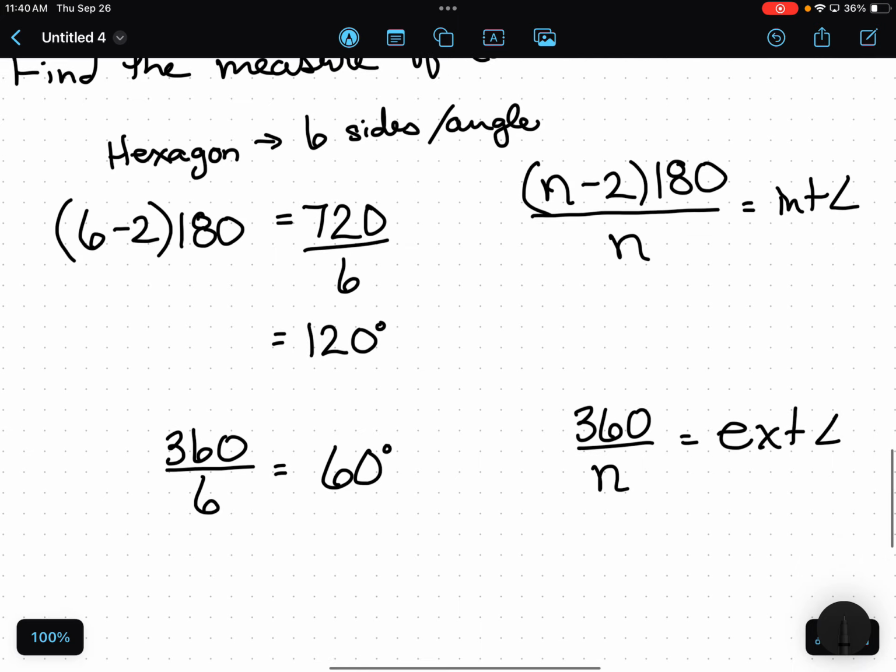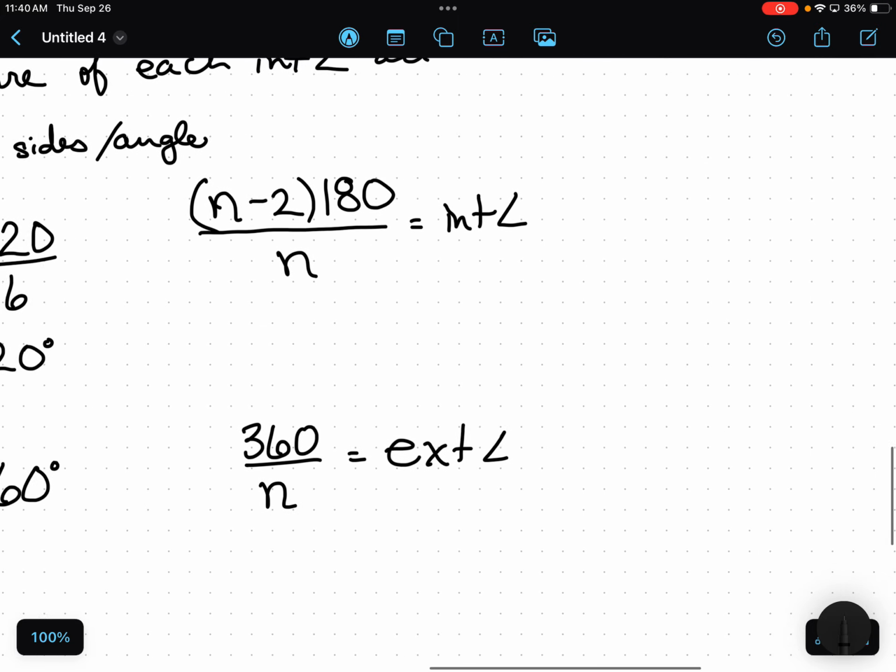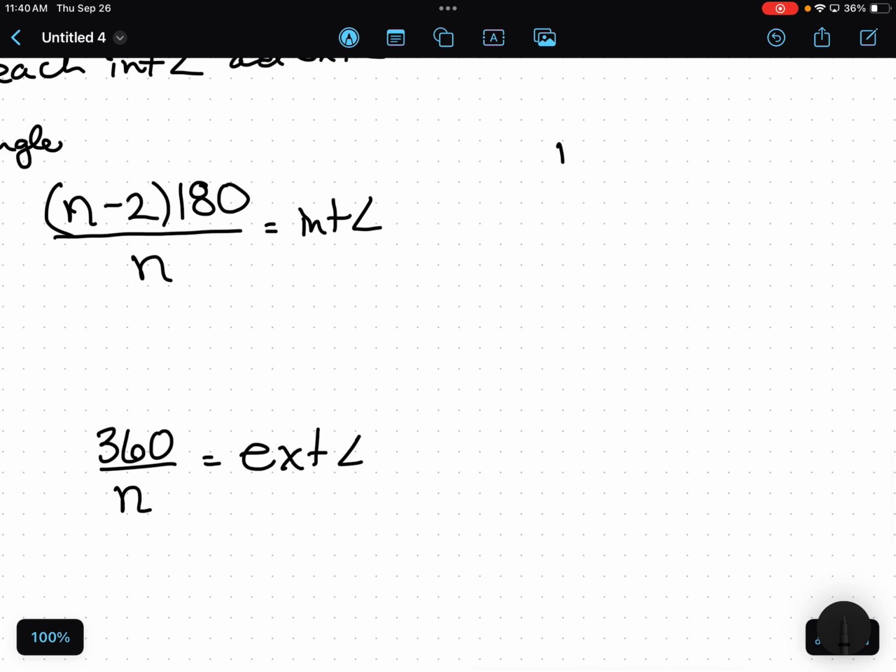And so to give you another example with that, I'm just going to slide this over. And I'm going to say that it's a 30-gon. So with that, you take 30 minus 2, times it by 180, and divide it by 30.